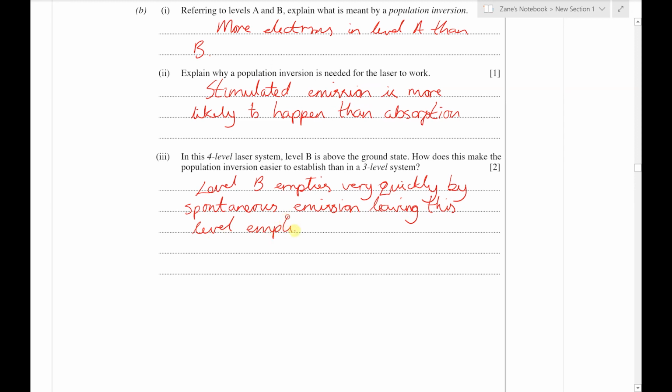And consequently, we only need a few electrons in level A to get population inversion. So it makes this much easier to get and maintain population inversion.